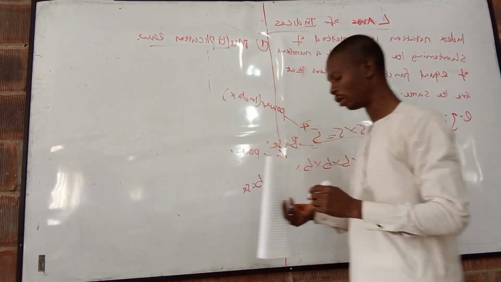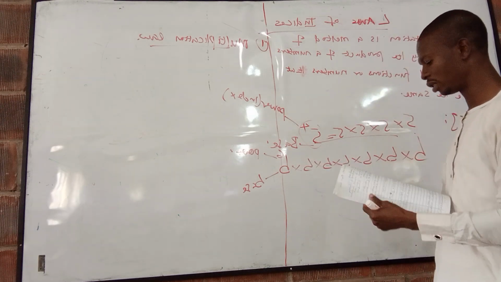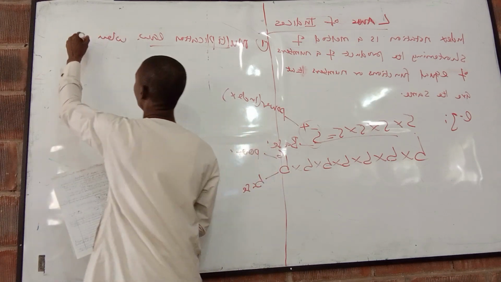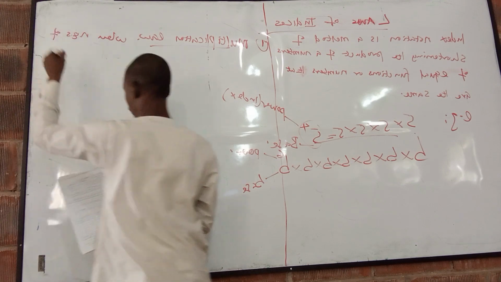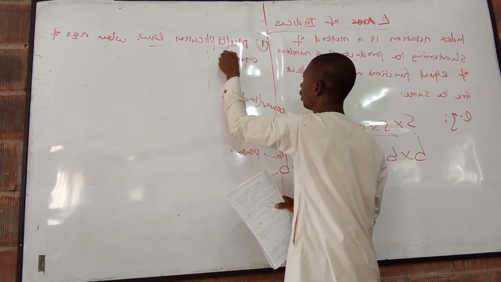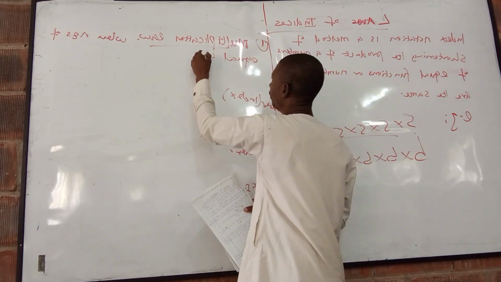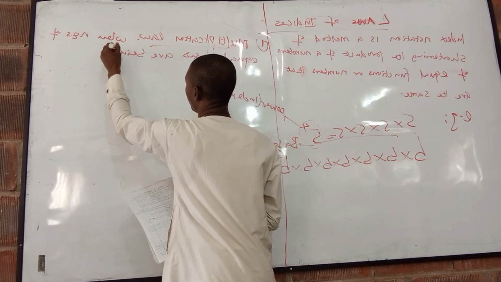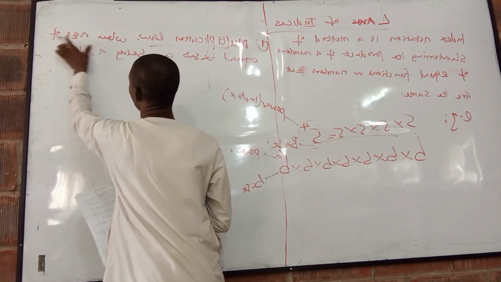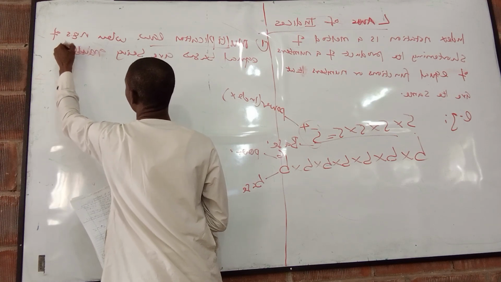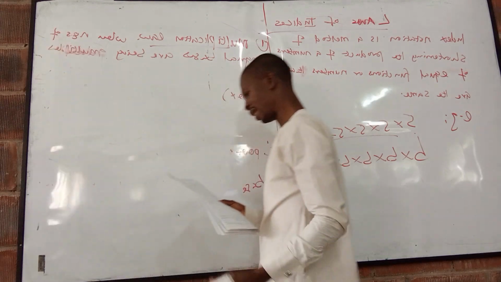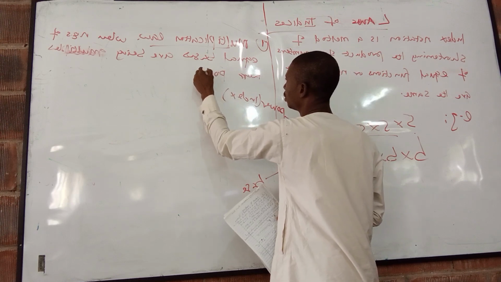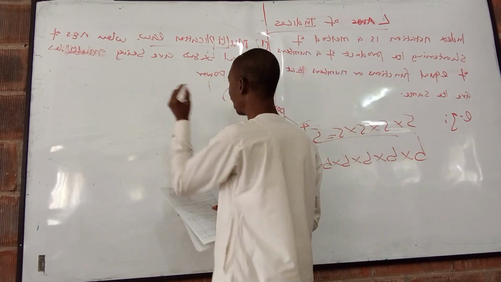And what is this law telling us? This law is simply telling us that when numbers of equal bases are being multiplied, then their powers are added.